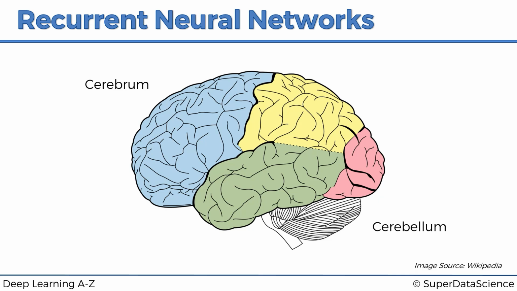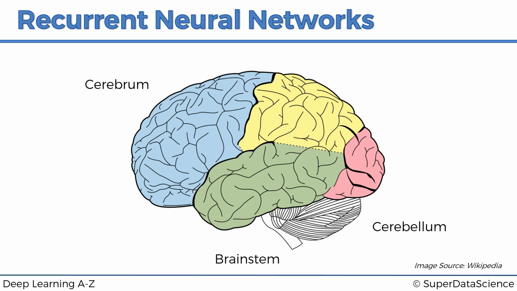There are millions of neurons in the brain. And then we've got the brain stem over here, which connects the brain to the organs, arms, legs and so on. Those are the main three parts of the brain.